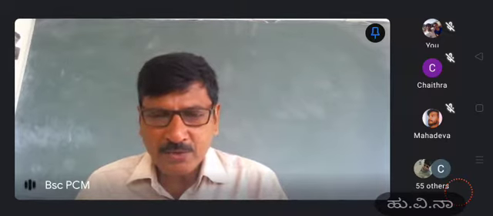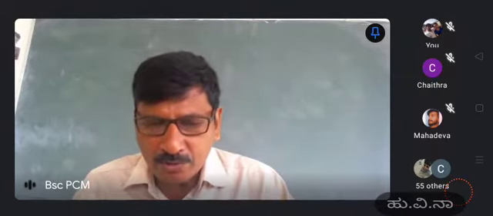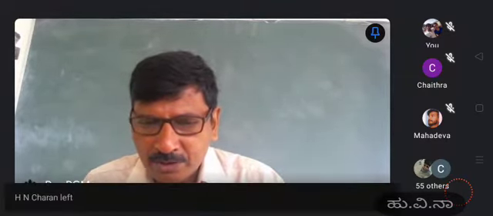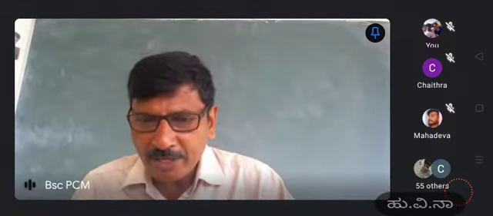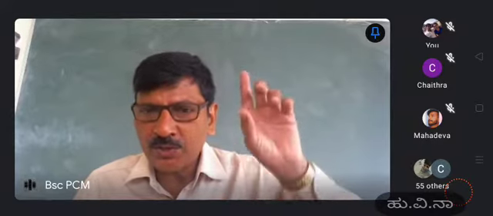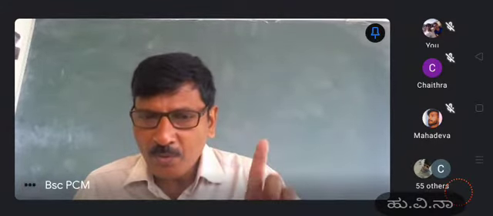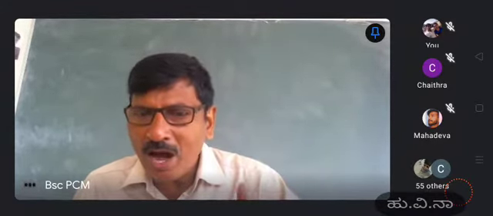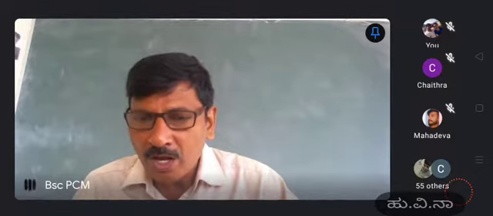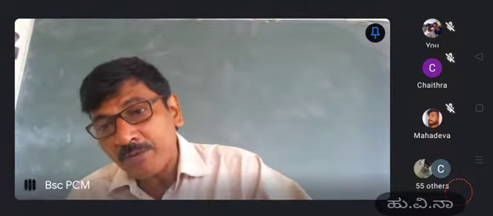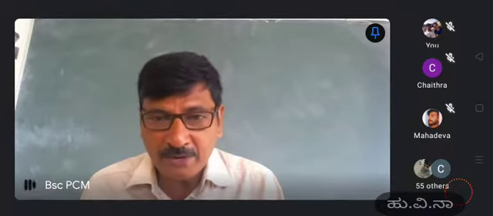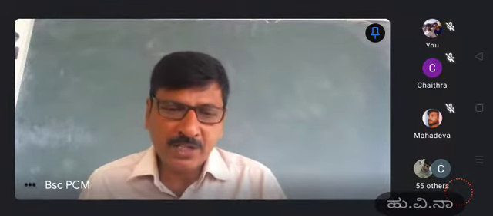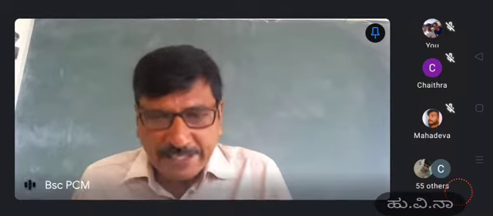Why? You have to follow this sentence very carefully. Only nuclei with an odd number of protons or an odd number of neutrons are capable of giving NMR.